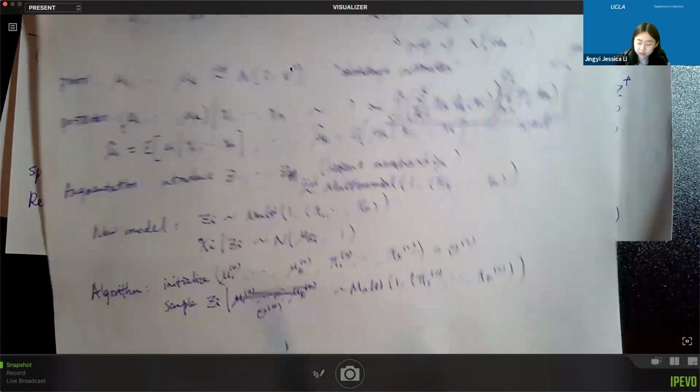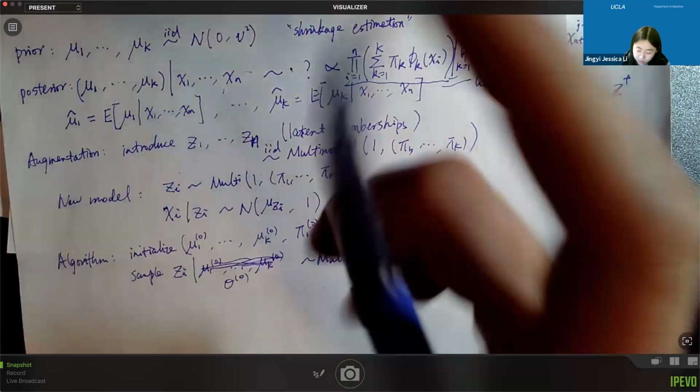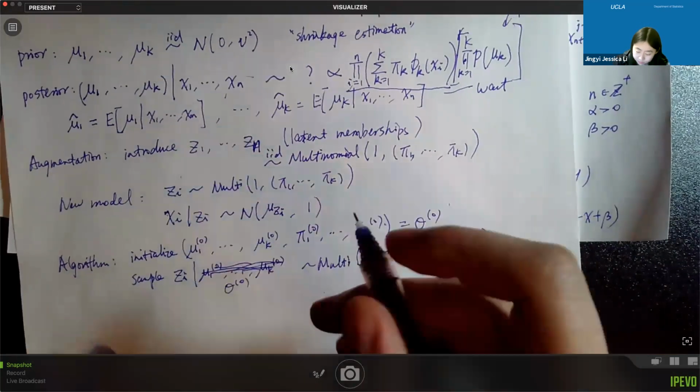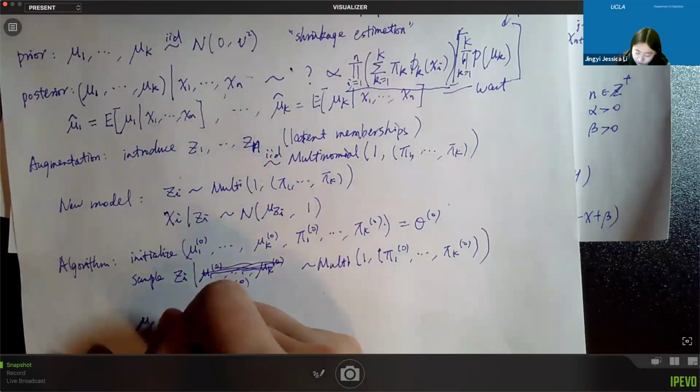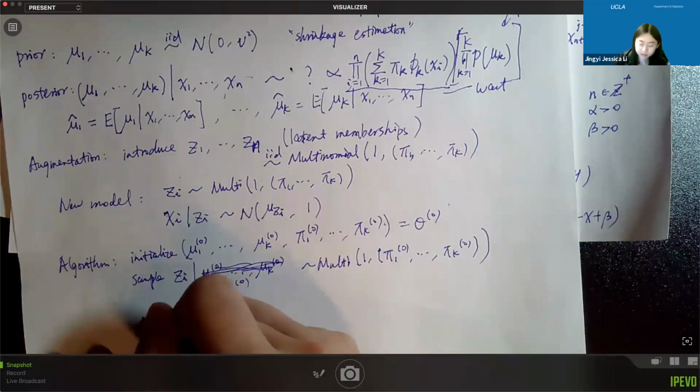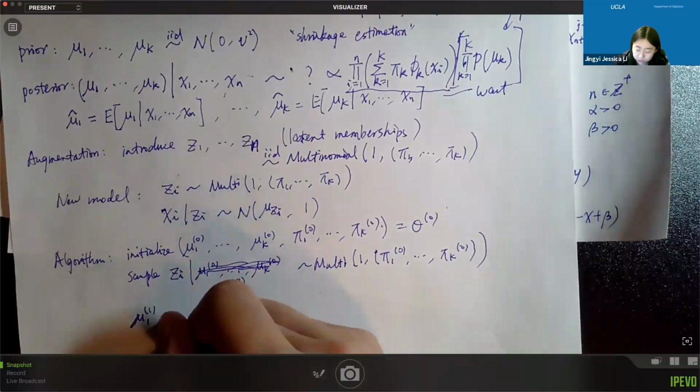So I do that for z1 to zn, IID for all of them. And then I will update my parameters. So the mu1, let's just make this example, mu1, 1, is going to be sampled from its posterior.